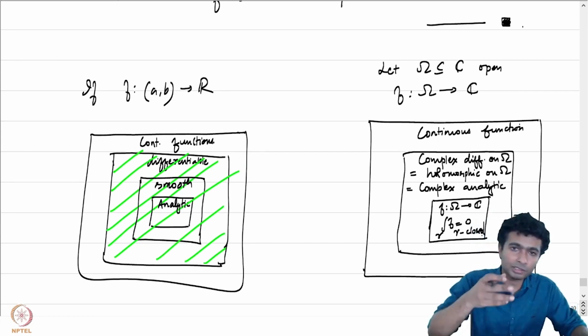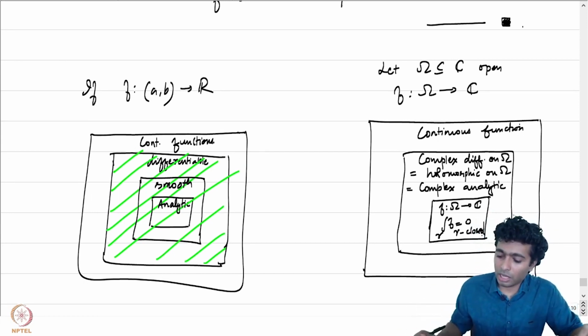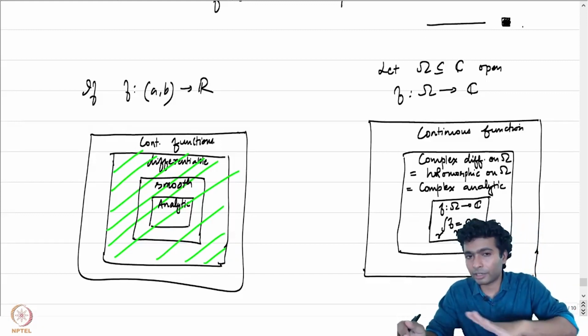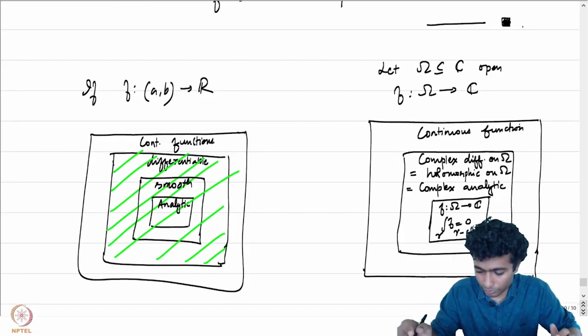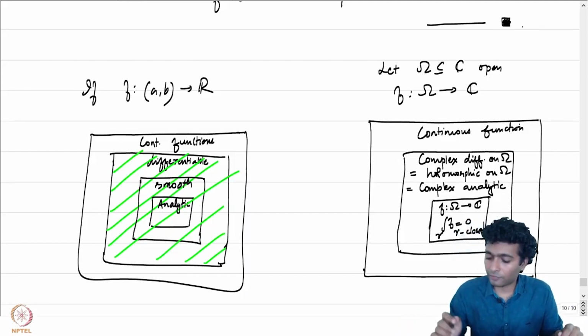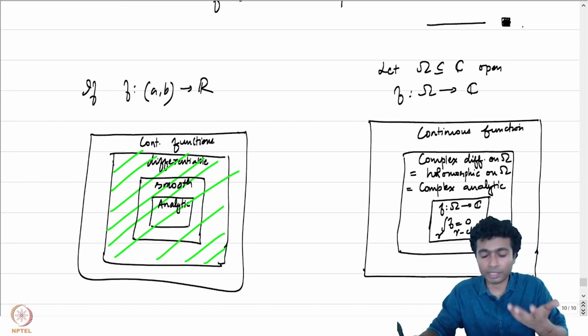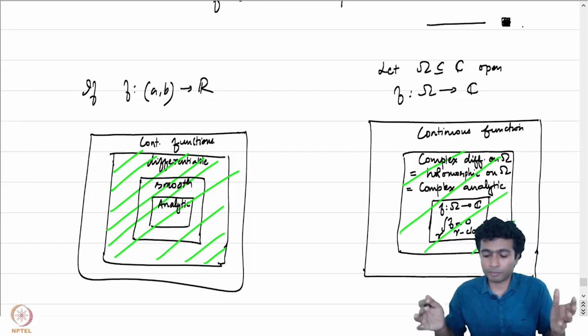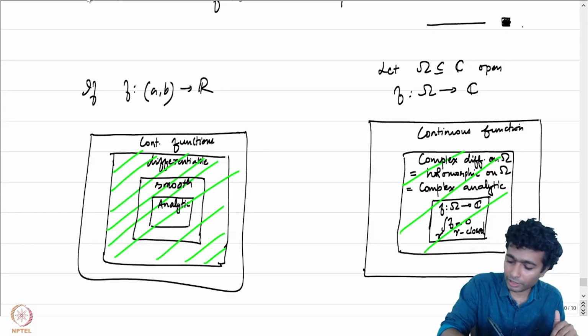If omega, for example, was C minus the origin, and if you look at f to be 1 by z, then integral of f over gamma is not necessarily equal to 0. So it's not true that f will always have an antiderivative. Of course, if omega is special, something like simply connected, then this will also turn out to be the same collection, but that's generally not the case.